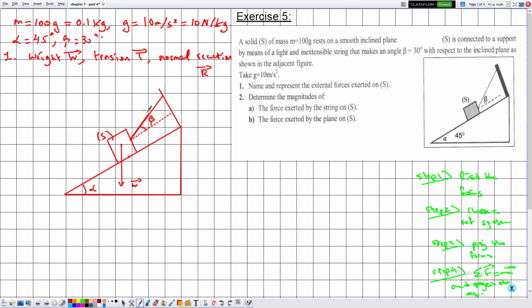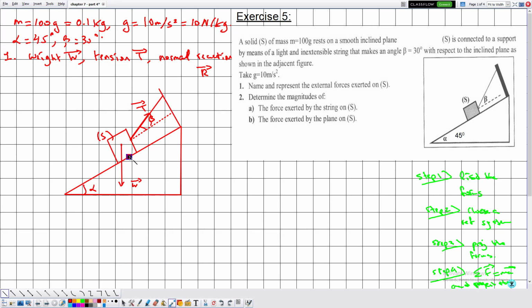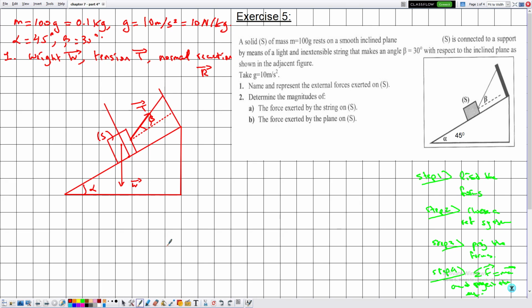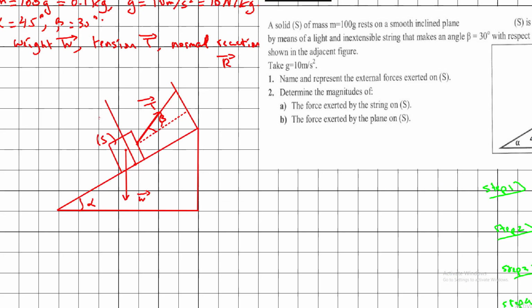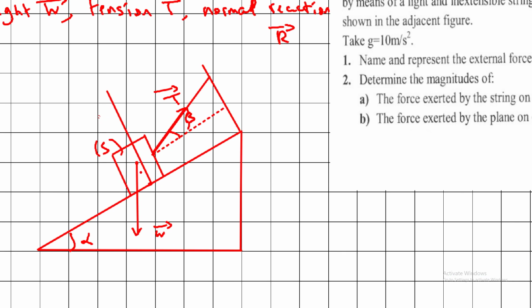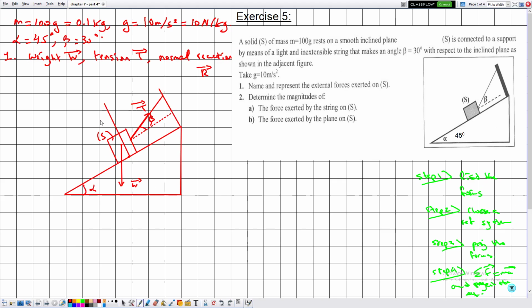Recall that the line of action of the tension is along the string, and the line of action of the normal is perpendicular to the support like this. The point of application is the point of contact between the two bodies, and we know that the normal reaction is always toward the object like this.